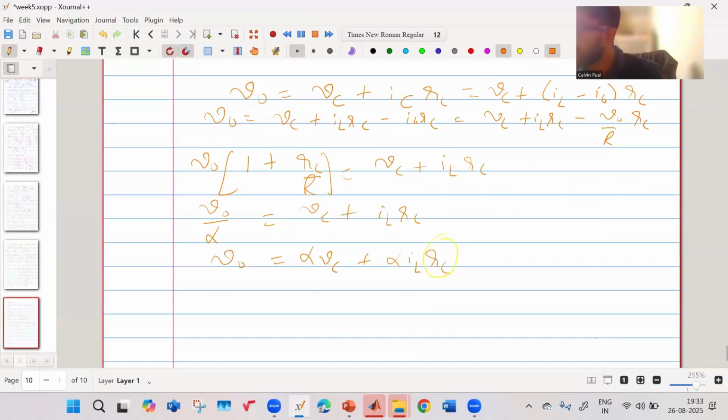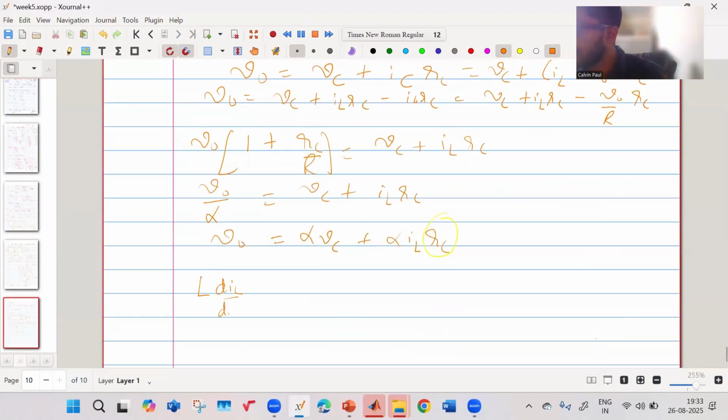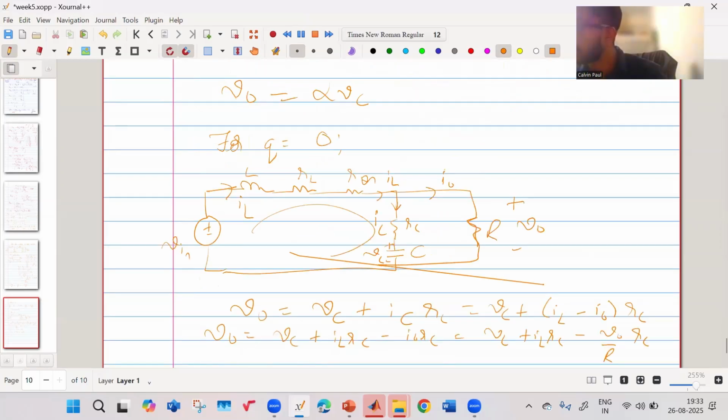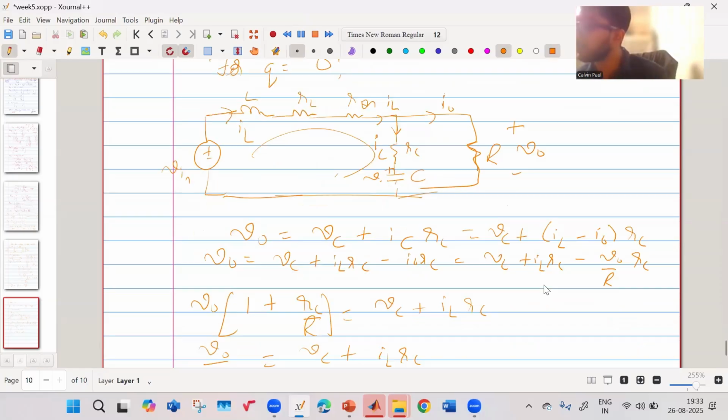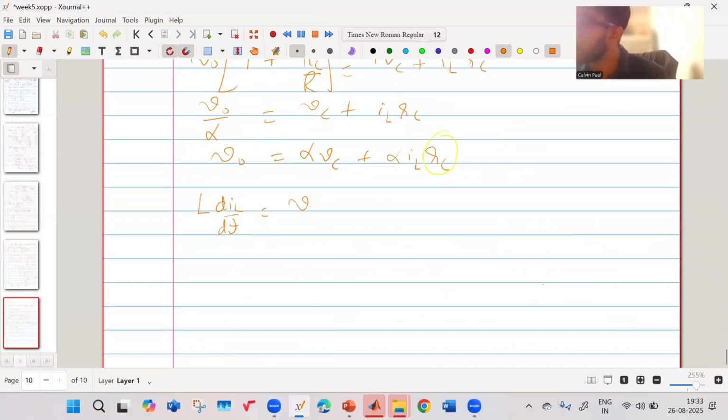Similarly, we can write our L dIL by dt. That is this voltage. We are taking the KVL of this. So this V in minus L dIL by dt minus IL into RL plus R1 minus V output. So your L dIL by dt is V in minus IL into RL plus R0 minus V output. But this equation will not suffice because V output is not a state or an input.